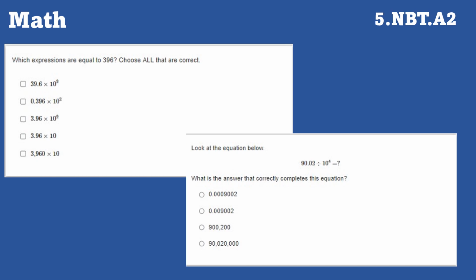And if you look at the question in the top left-hand corner, it says, which expressions are equal to 396? And it says to choose all that are correct. Our children are used to only having one answer that is correct. And on this particular problem, we had students miss it because there were 3 correct answers.